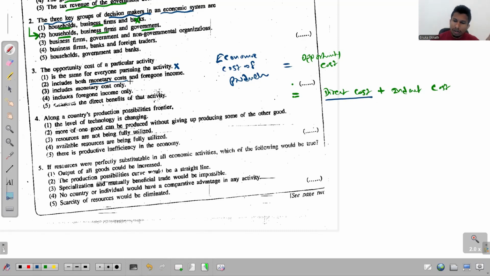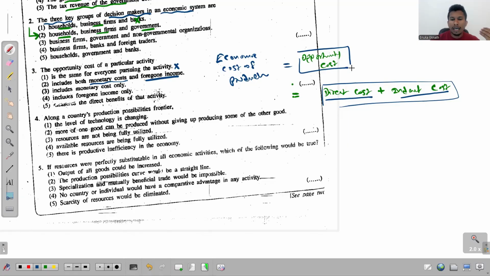So monetary cost is equal to the direct cost, and foregone income is equal to the indirect cost. The total of these two we define as the opportunity cost in unit 4, and that is equal to the economic cost of production. So that's why we chose this second option to be the answer of this question 3.